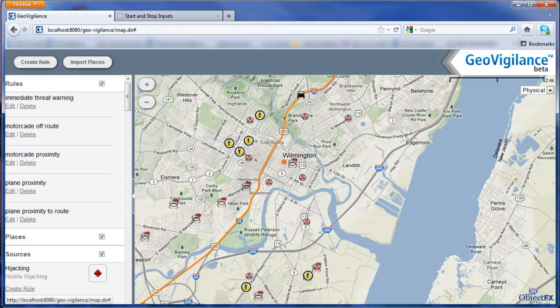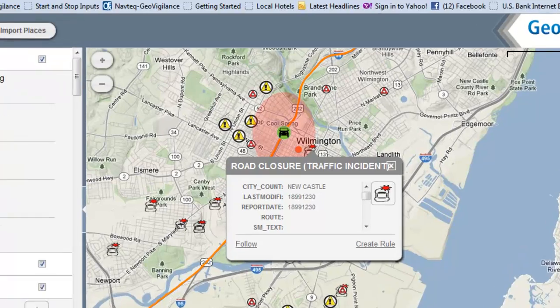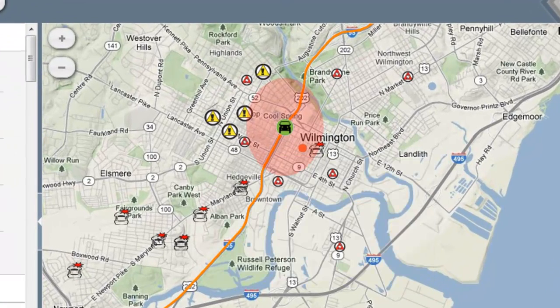The motorcade will establish a red buffer illuminating a proximity warning if it comes within 0.3 of a mile of a potential threat. The motorcade's backdropped with a green icon indicating that it is moving along the predetermined route.